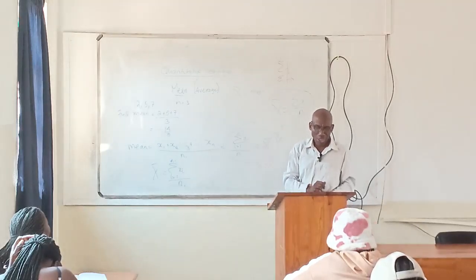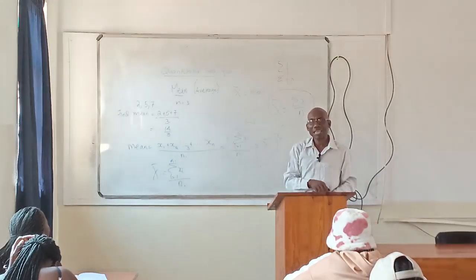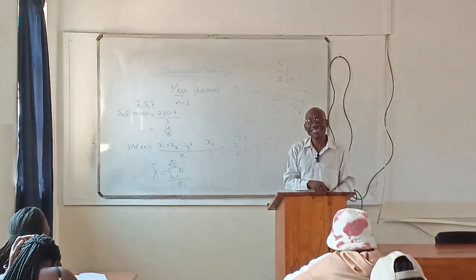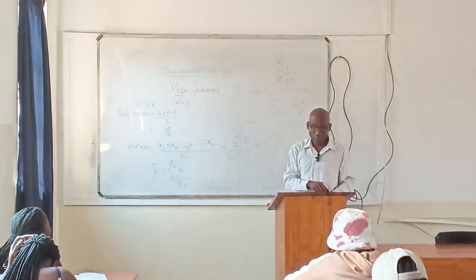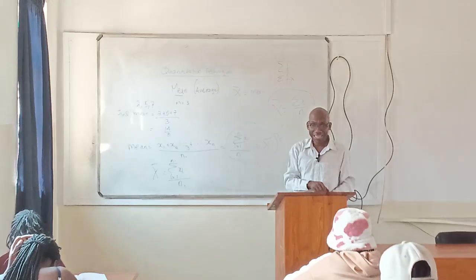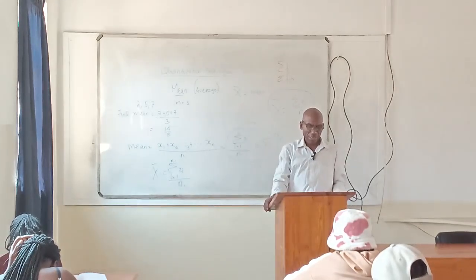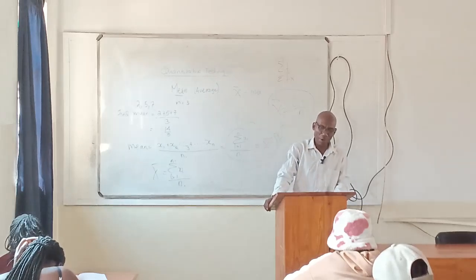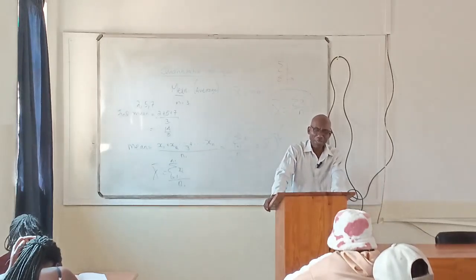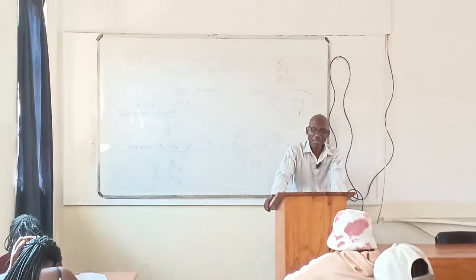So you take the summation of F, meaning you add the F. When you add the F, it gives you 30. When you add the Fx, it gives you 63. So the total number of instruments divided by the total number of people gives the mean.